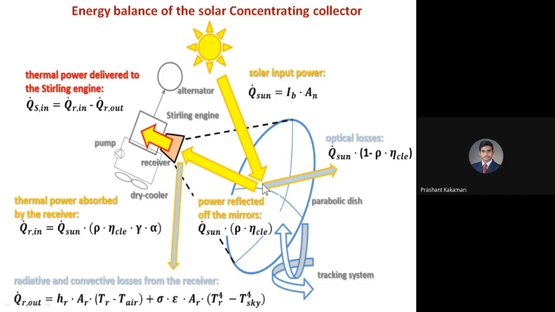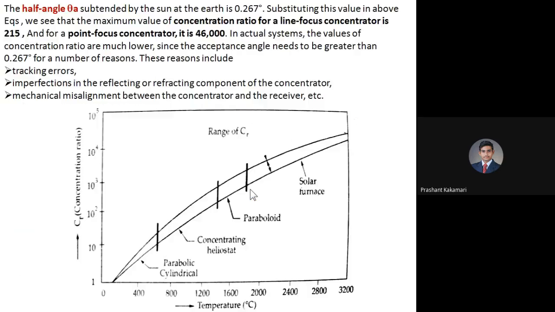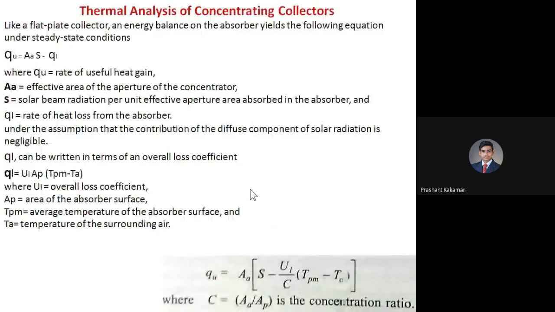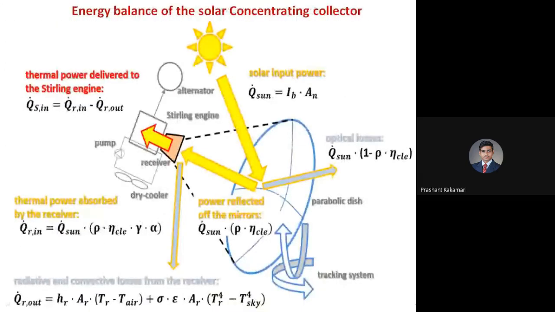From this energy, we are going to supply. One more factor we studied, the definition, that is the intercept factor. So using that concept, the intercept factor is the fraction of total solar radiation from the collector received on the receiver. So this line is the intercept factor.